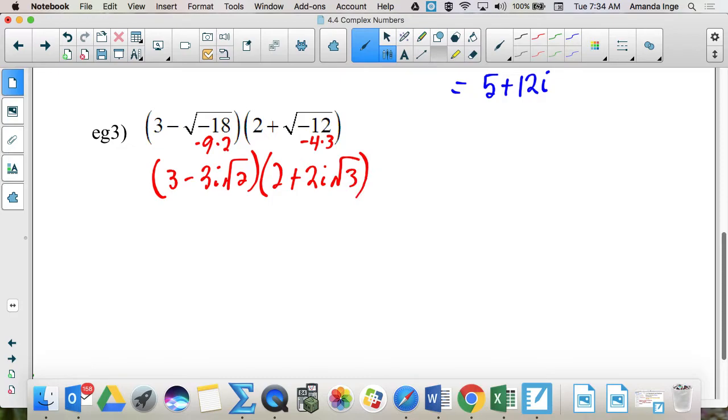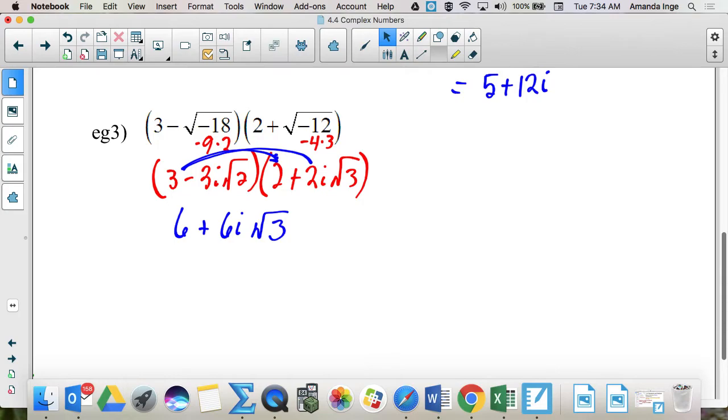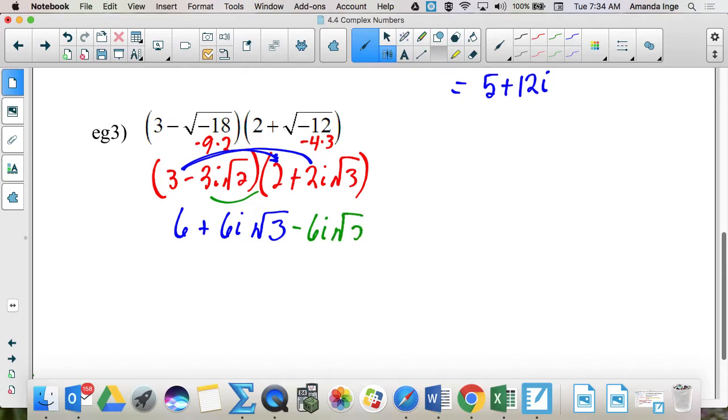So when I FOIL these together, I get 3 times 2 is 6, plus 3 times 2i gives me 6i square roots of 3. And this gives me minus 6i square roots of 2.